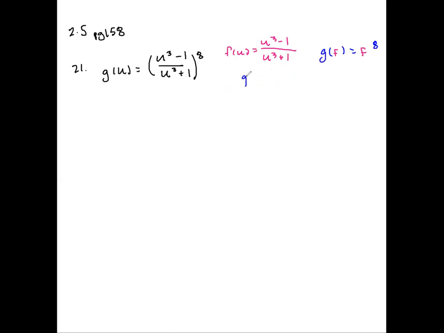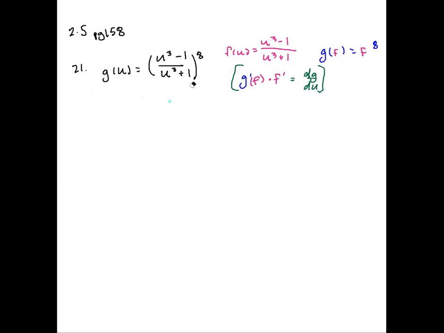So this is going to be g prime of f times f prime is equal to the derivative. In this case, we're going to call it dg du. Right? So our goal is to find the derivative of g with respect to u, g prime, dg du, et cetera. And this is the equation that we're going to use to find it.